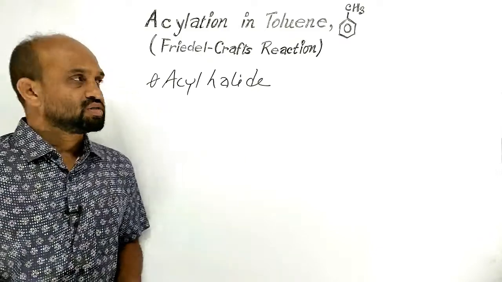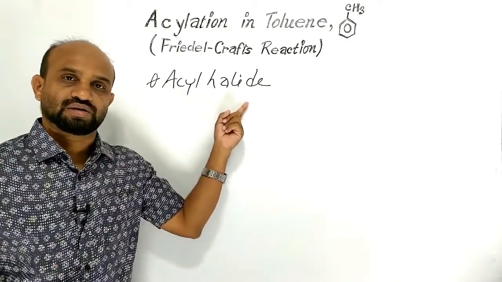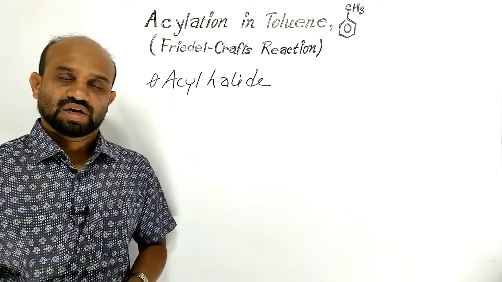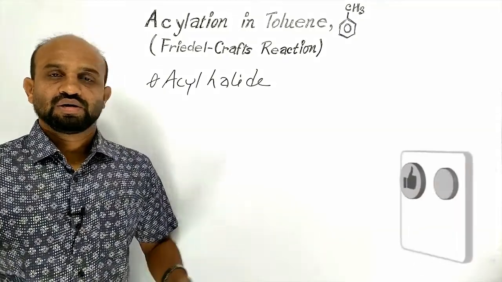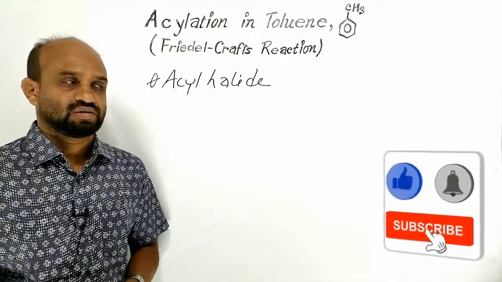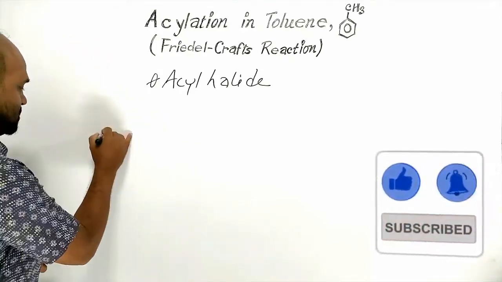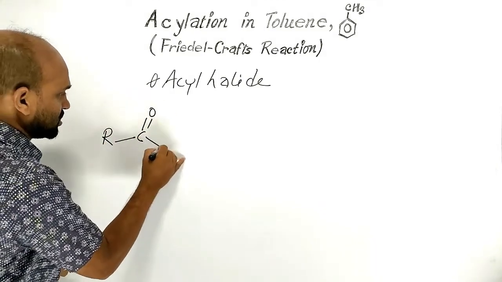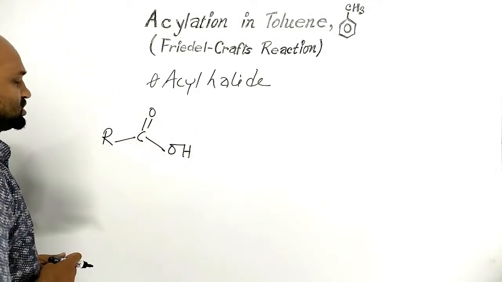The first point is acyl halide, which is also known as acid halide. Let's see what is acyl halide. This is general formula of carboxylic acid.